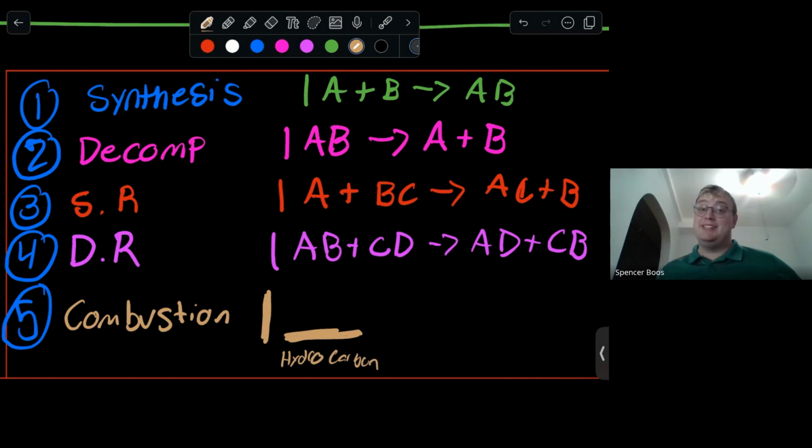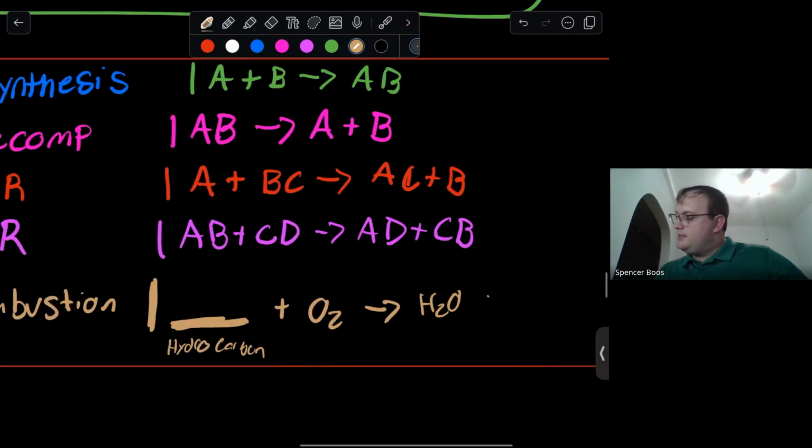A hydrocarbon is a compound that has hydrogen and carbon, obviously, and sometimes oxygen in it. Think methane, CH4, octane, C8H18. This reacts with oxygen gas to yield always H2O and CO2.